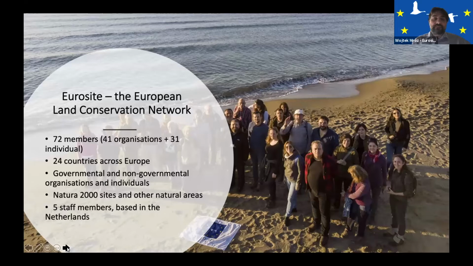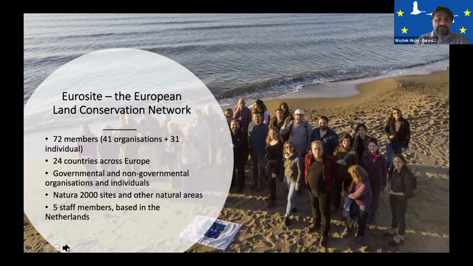Our network consists of 72 members at the moment, with 41 organizations, both public, private, NGOs, and 31 individual members, from 24 countries across Europe. These are governmental and non-governmental organizations, individuals, as I said. And we are focusing on Natura 2000 sites, but not only, I would say, any other natural areas in Europe.